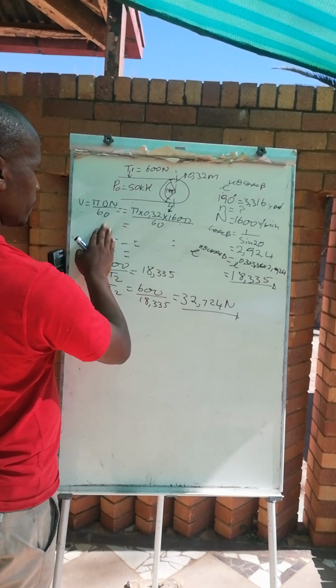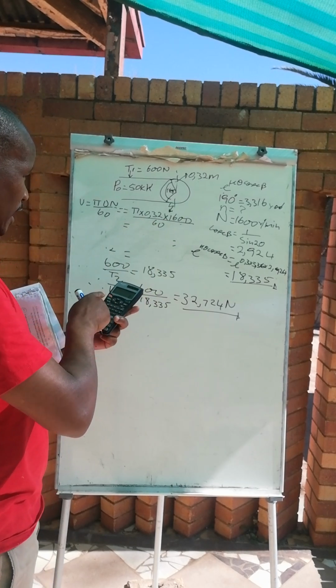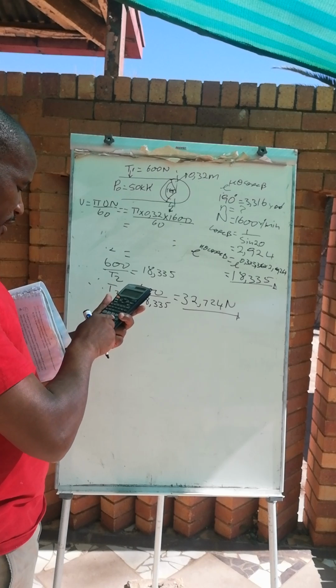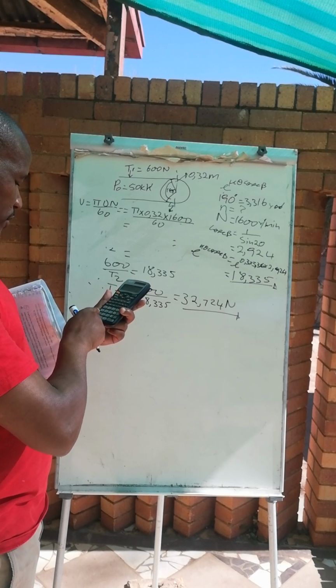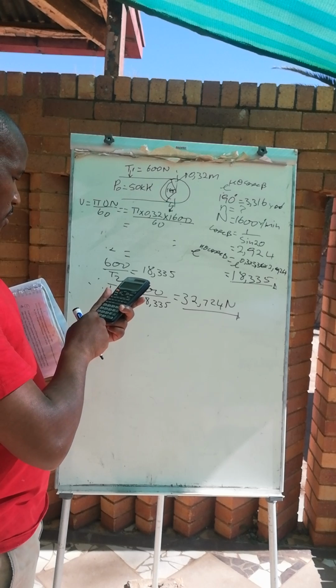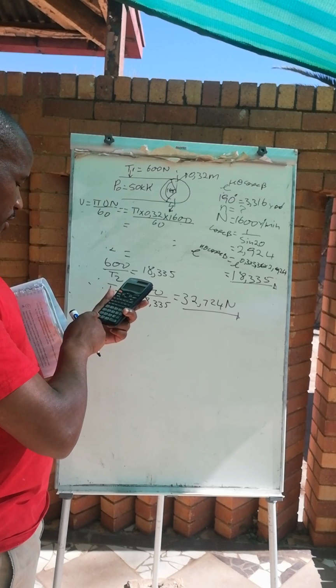And it's equal to what? It's a second function: pi multiplied by 0.32 multiplied by 1,600, and then we divide it by 60.